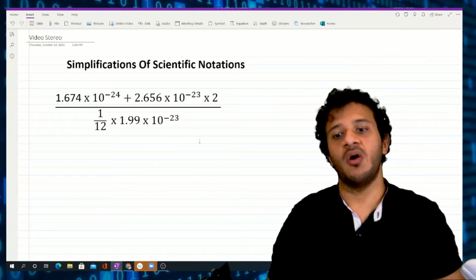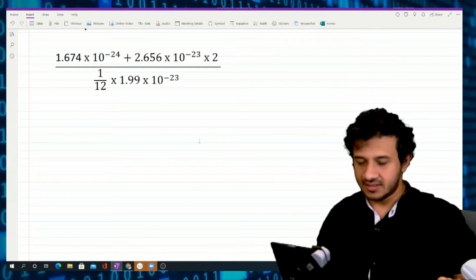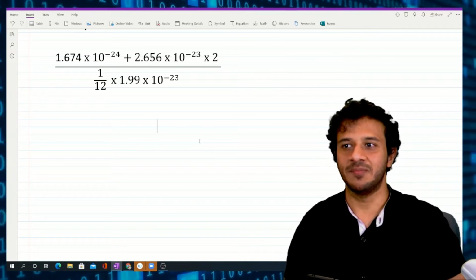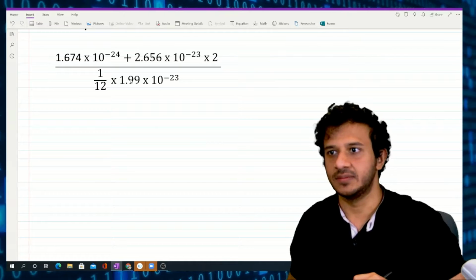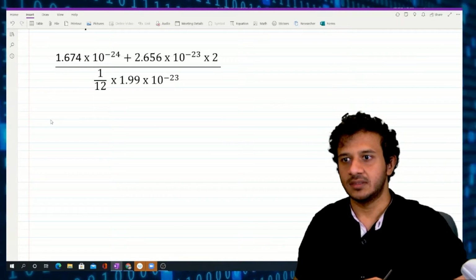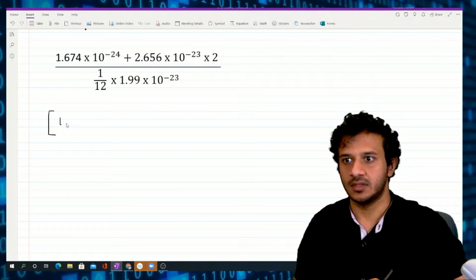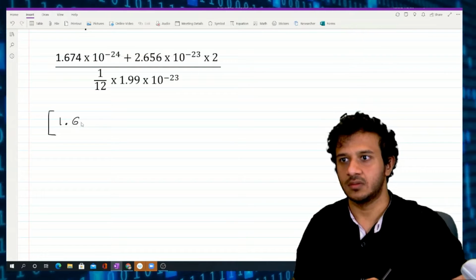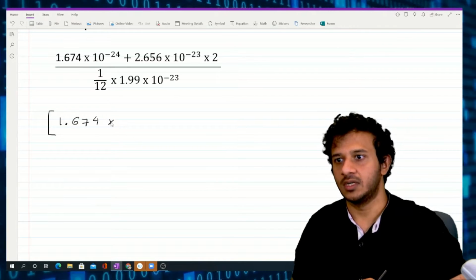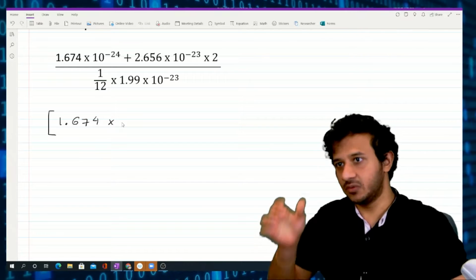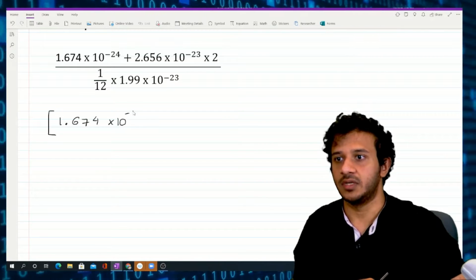So what I always recommend to my students is to write the things in a much simpler way. What do I mean by that? Just put a bracket here and let's write the numerator over 7.4 times 10 to the power of negative 24.